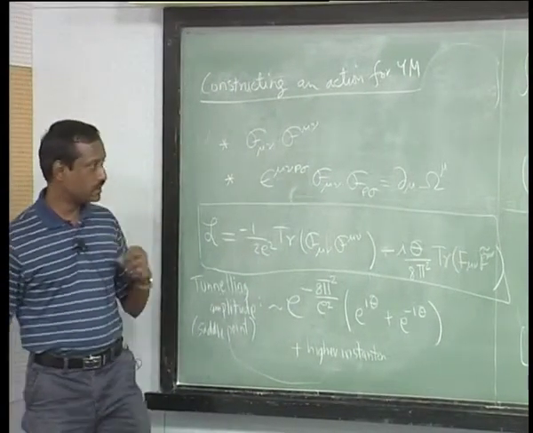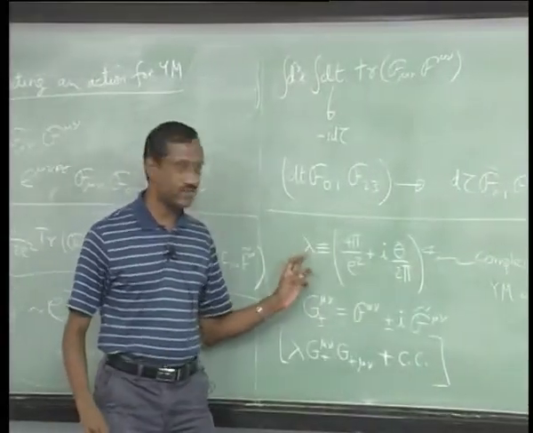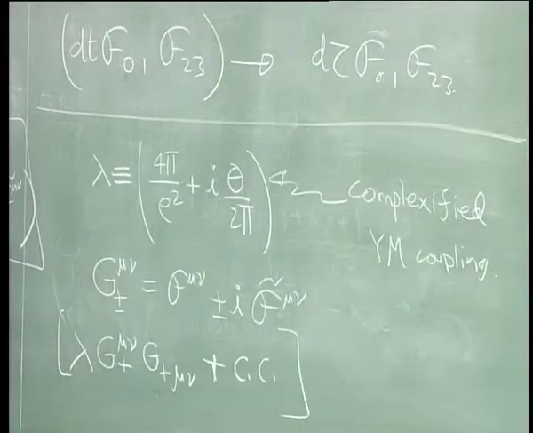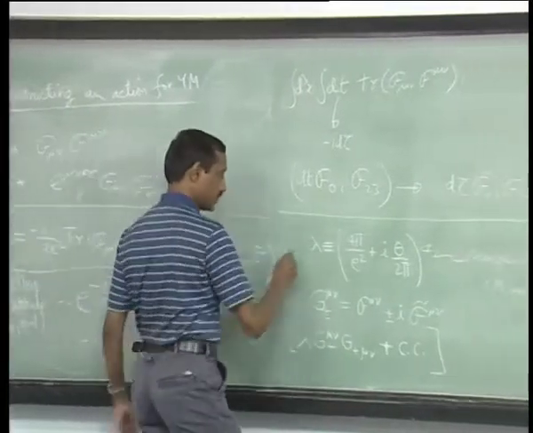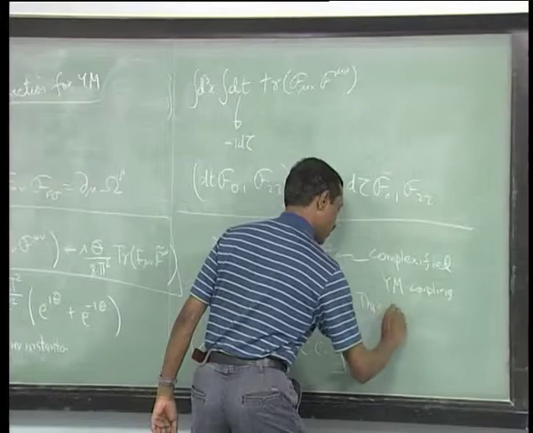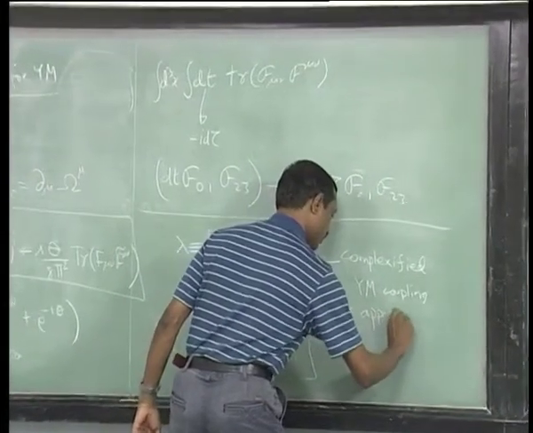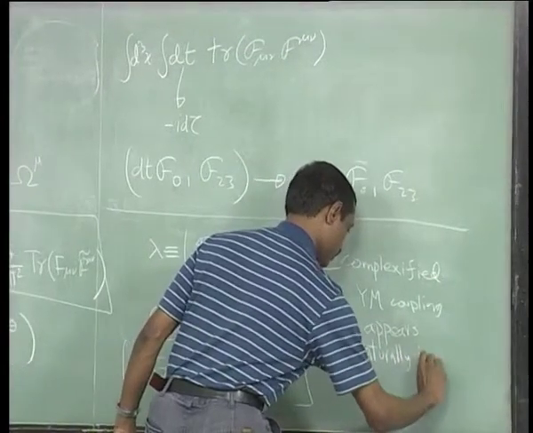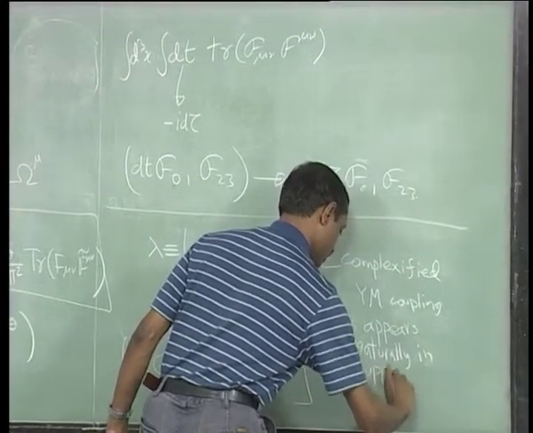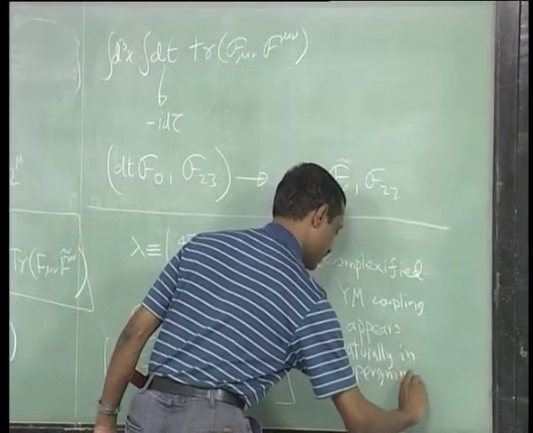In fact this combination is very natural in supersymmetric gauge theories. This is how you get it. It appears in supersymmetric theories, something which we have not discussed.